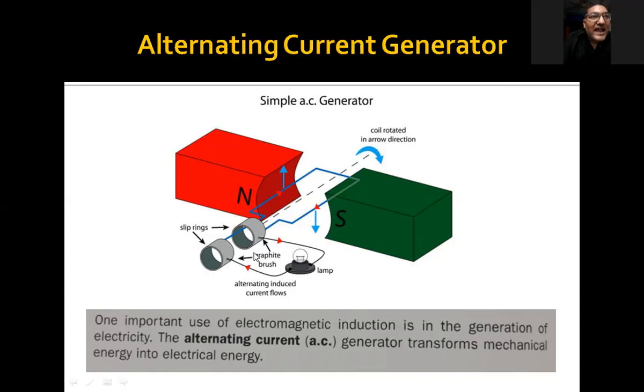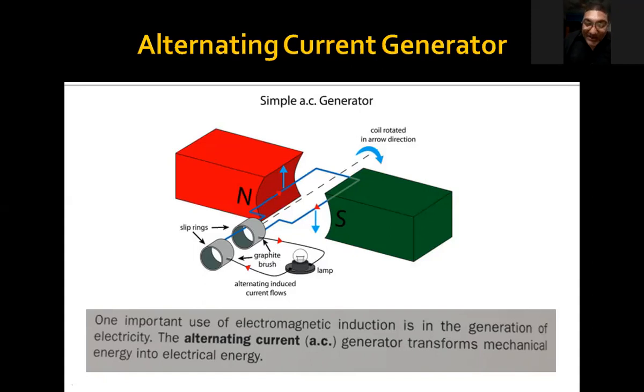Here we have carbon brushes, or graphite. Graphite is carbon. By these carbon brushes we have connecting wires, and here we have a lamp. So when you rotate it, you will observe that the lamp will start glowing. And when you stop rotating the coil, the lamp will go off.